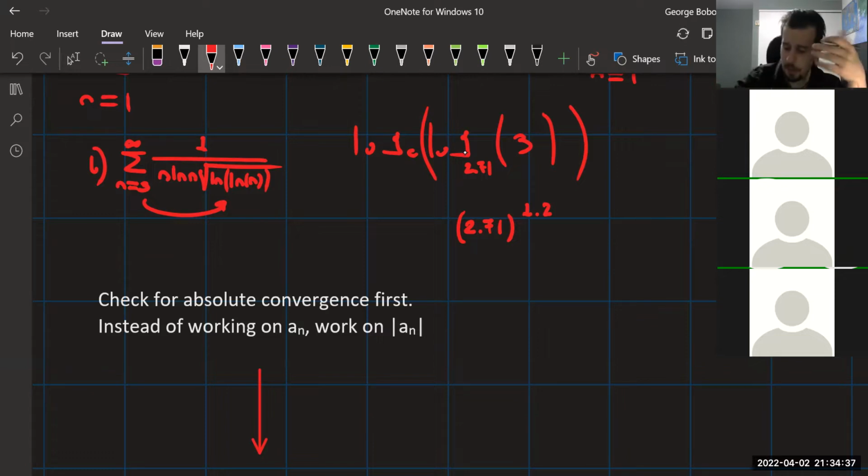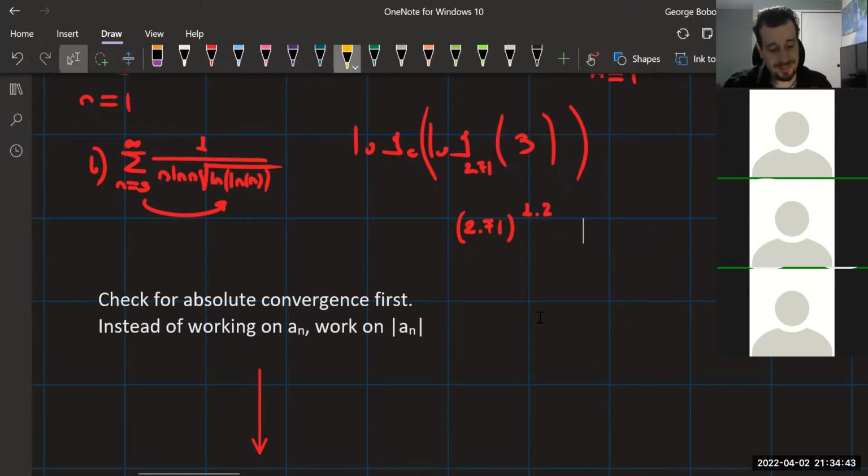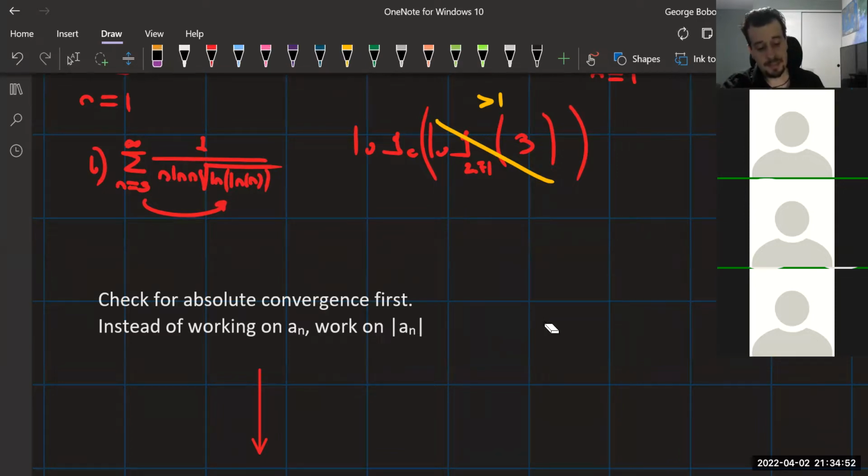So how I look at it, Natalie, I look over here. This 3 is bigger than my base. So right now, this number is definitely going to be bigger than 1. Guaranteed bigger than 1. If it's bigger than 1 right now, then taking the logarithm again of a number bigger than 1 will yield you a number bigger than 0.